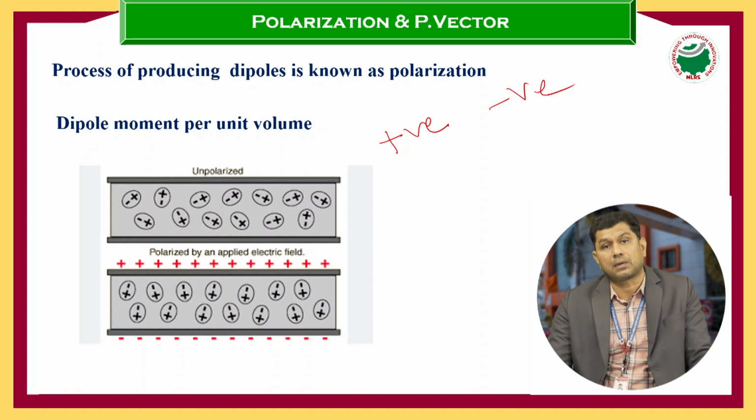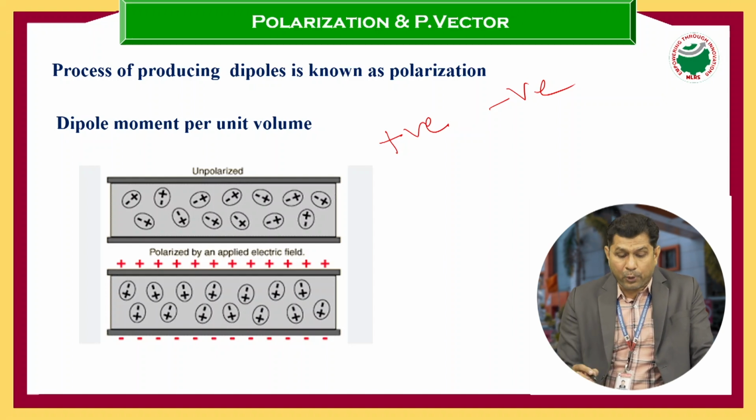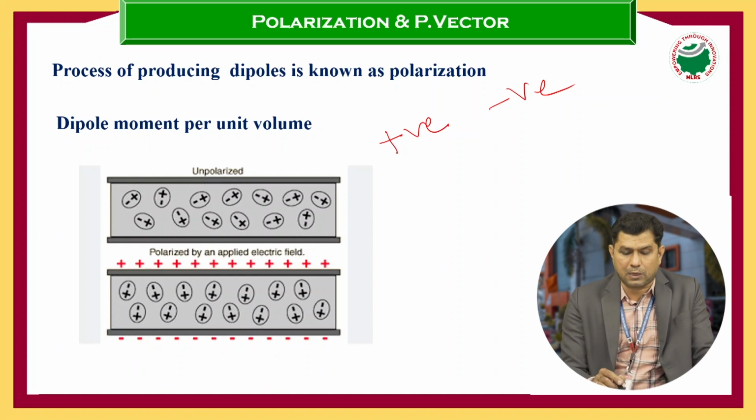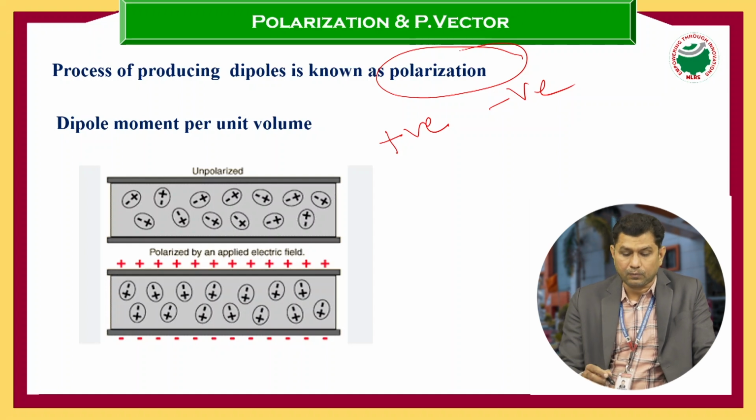So separation of the charges is nothing but polarization. Another way to define it: the process of producing dipoles is called polarization, or separation of the charge carriers.